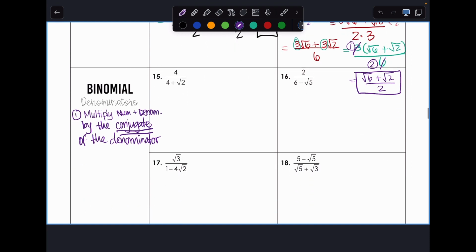Meaning this, here's an example. If I have 2 minus rad 3, what's the conjugate of that?